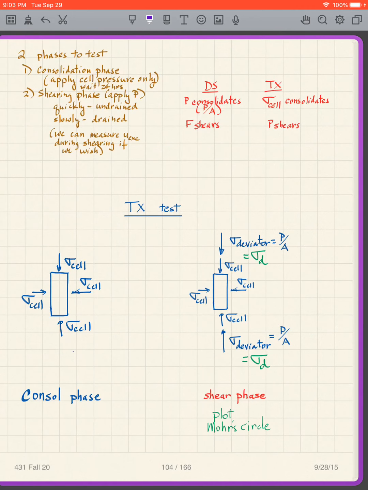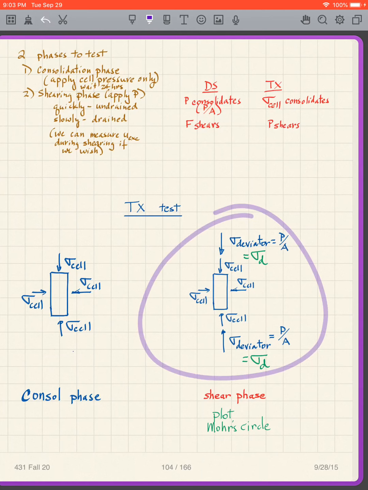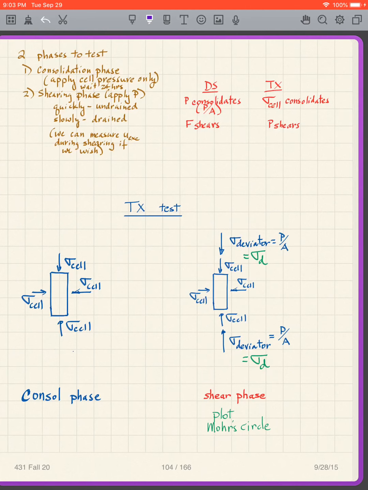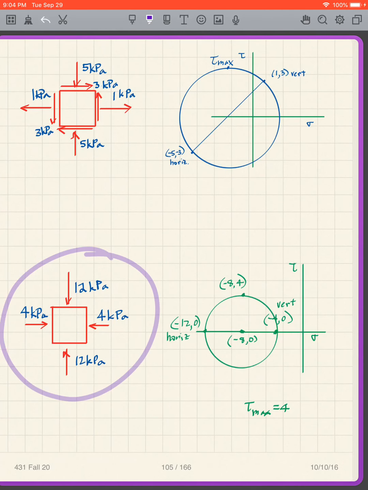So we end up with this as the stresses that we apply, and the vertical stress is greater than our horizontal stress, for instance. So that is our basic stress configuration that we need to analyze, and it looks something like that.